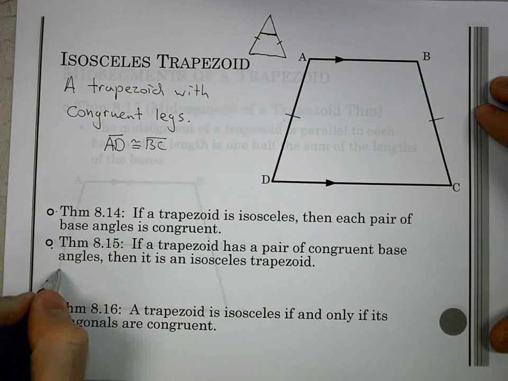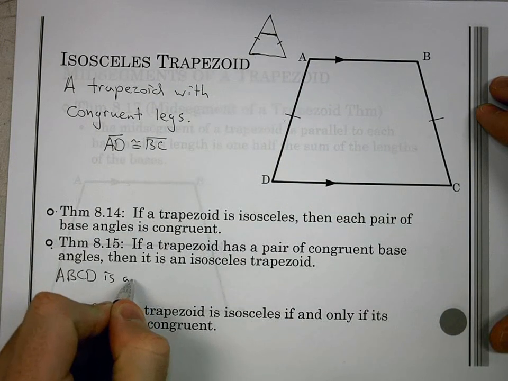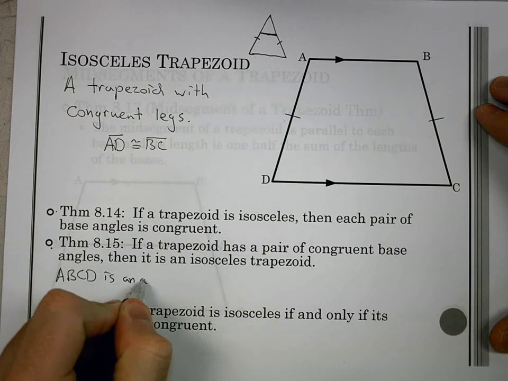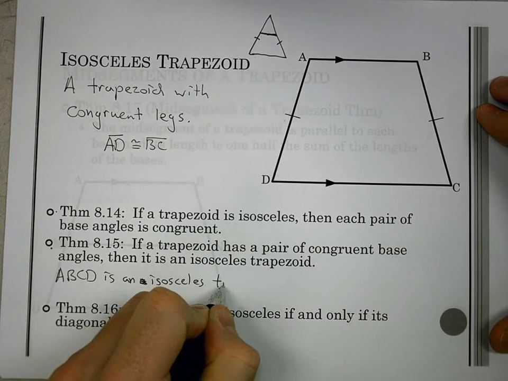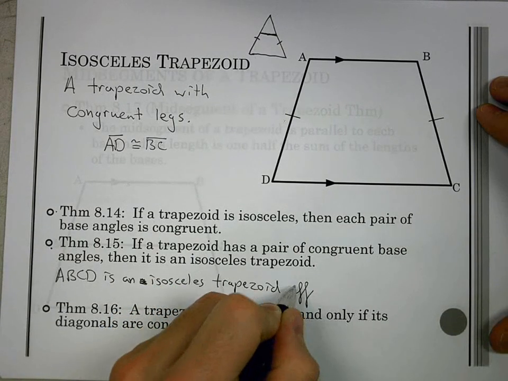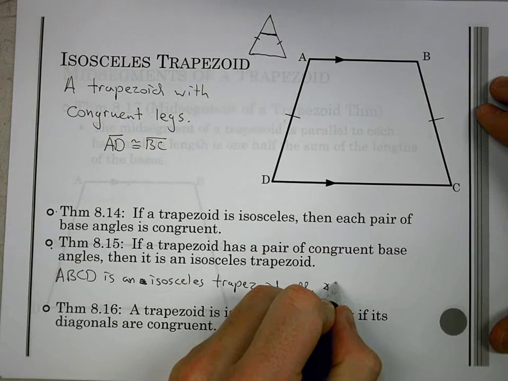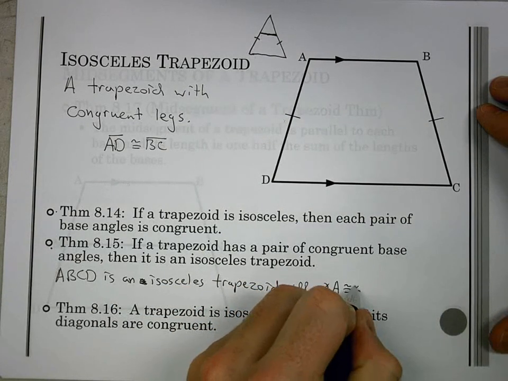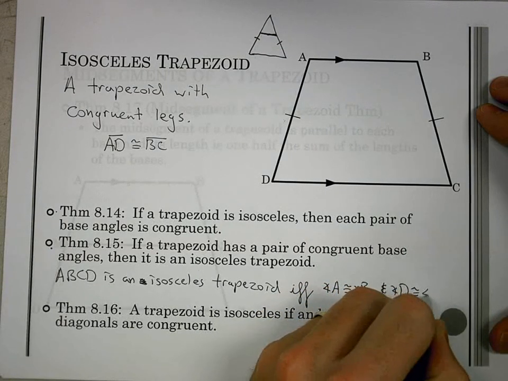I'm just going to sum that up as a biconditional statement and say ABCD is an isosceles trapezoid if and only if, remember we use that for biconditional statements, angle A is congruent to angle B, and angle D is congruent to angle C.